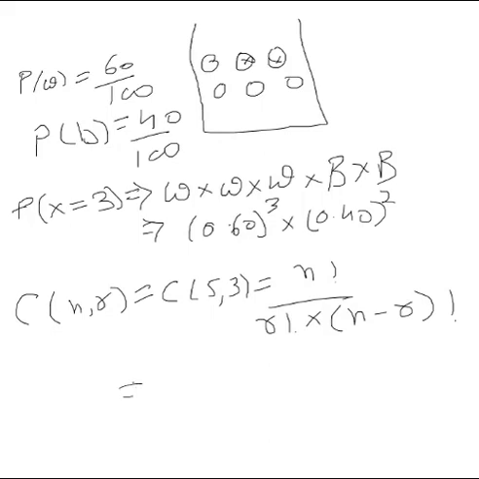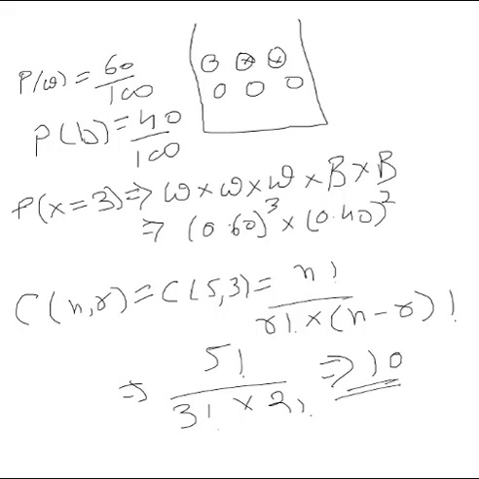In this case it's 5 factorial over 3 factorial and 2 factorial, which is equivalent to 10. So we can do this in 10 ways. By multiplying this portion of the equation with this portion, we can answer this type of question.